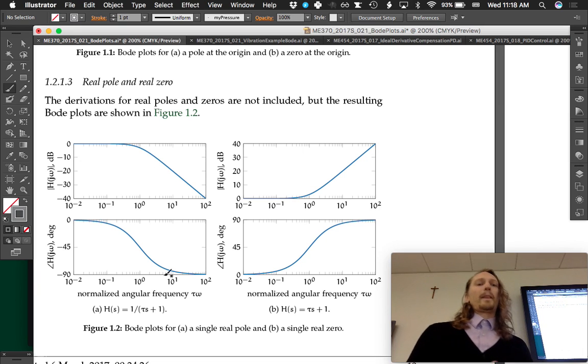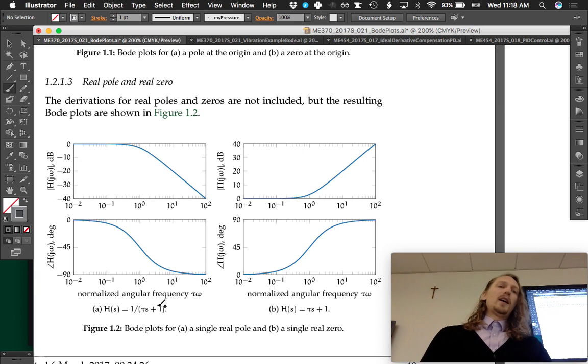So if you got the real pole, it turns out that wherever in the frequency response function, so remember we would find that by plugging in s equals j omega, right? The frequency response is H of s evaluated at s equals j omega, right? So we plug that in, we chug through, and we could just plot it.